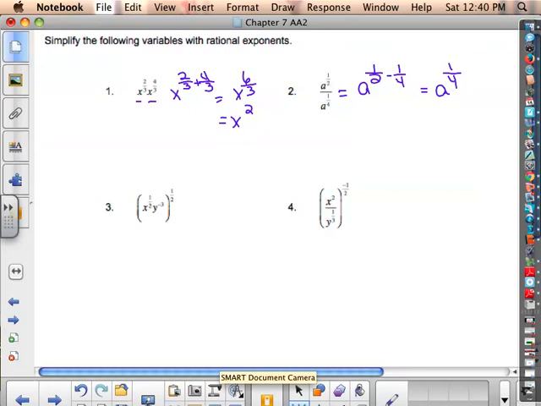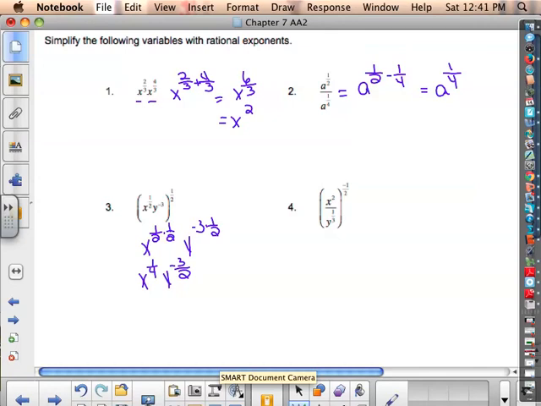Number 3, raising a power to a power is multiplication. So now I have x to the 1/2 times 1/2, y to the -3 times 1/2. It's going to give me x to the 1/4, y to the -3/2.